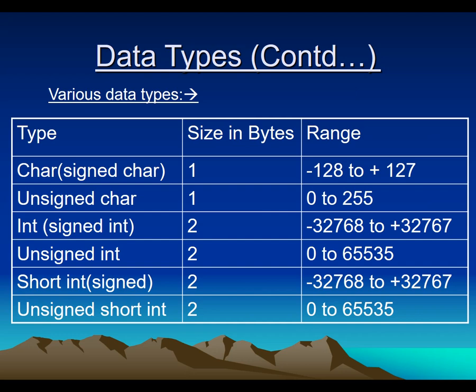These are not the only data types available in C, but extended data types are also available in C. That means many more data types are available in C, like character, signed character, unsigned character, integer, signed integer, unsigned integer, short integer, unsigned short integer. The relevant byte size, which you can see in the second column, will be occupied if we are using these types of data types.